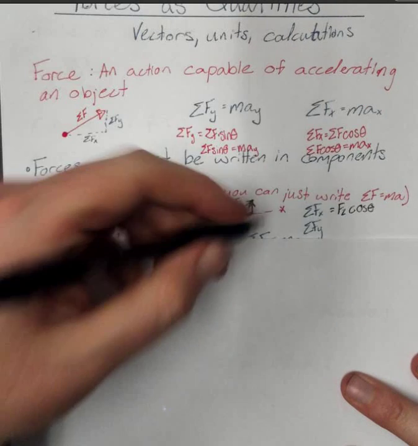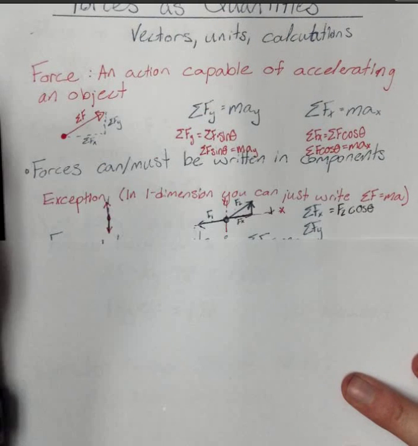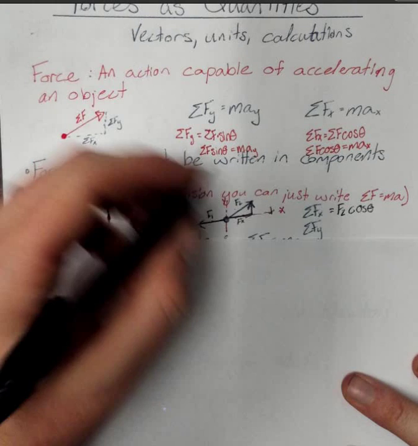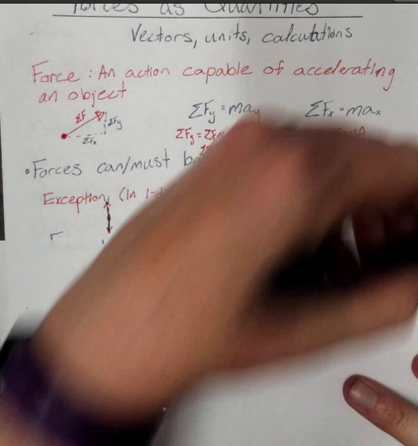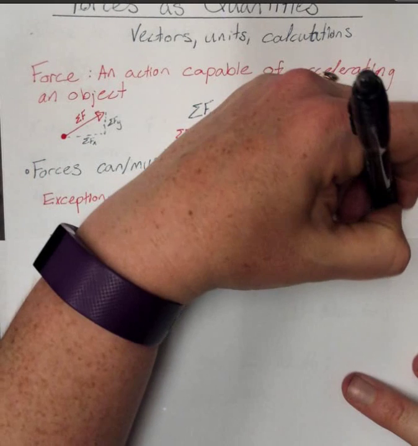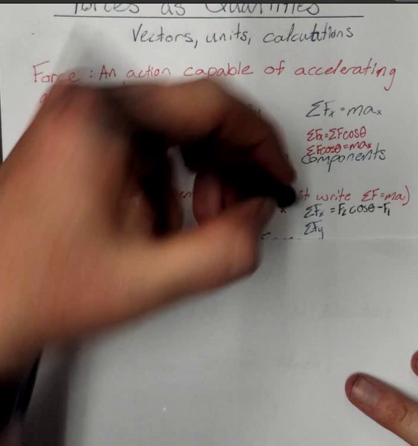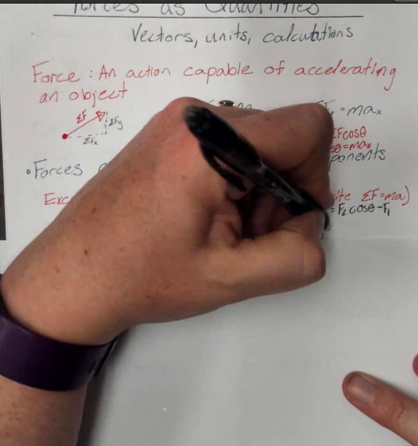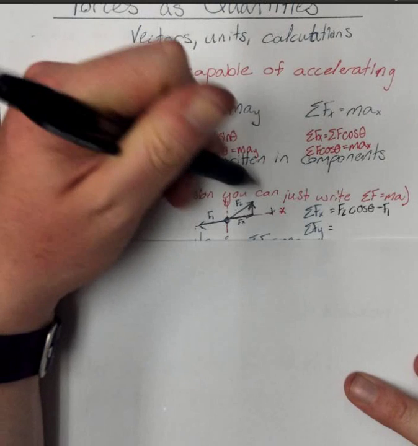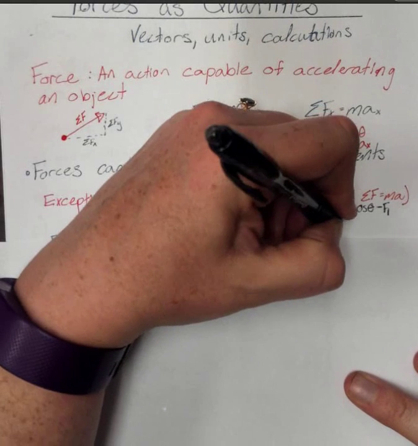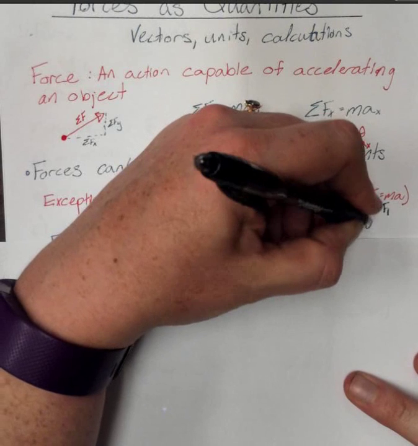And I'll write this one first because I've established this is my positive direction, and that means that F1 is in the negative direction, so it would be minus F1. And in the y direction, the only force acting would be the y component of F2, so that would be F2 sine theta.